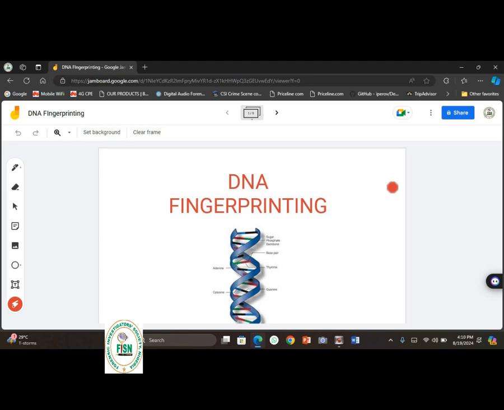Because of this, each individual contains a unique sequence that is specific to that person alone, thus increasing its effective use in forensics and the probability of finding an exact match.